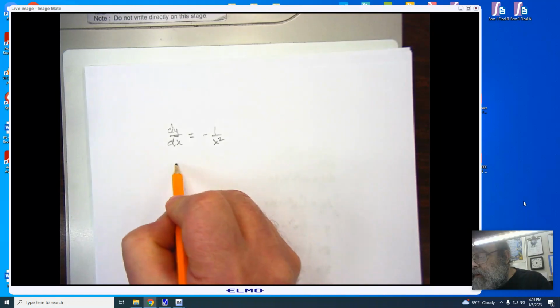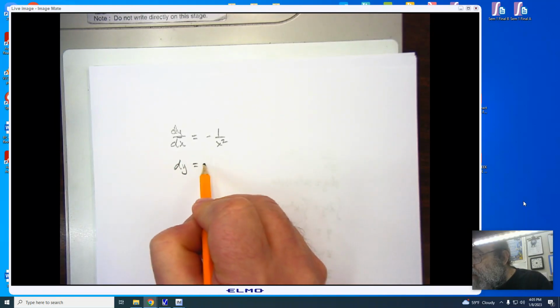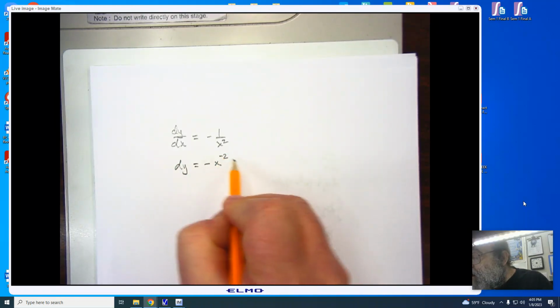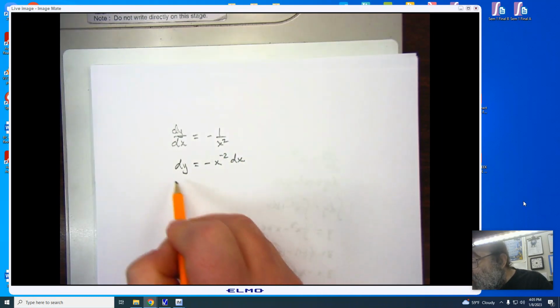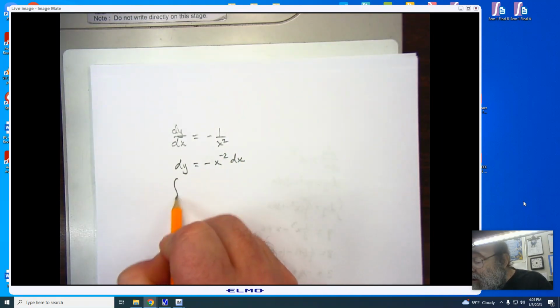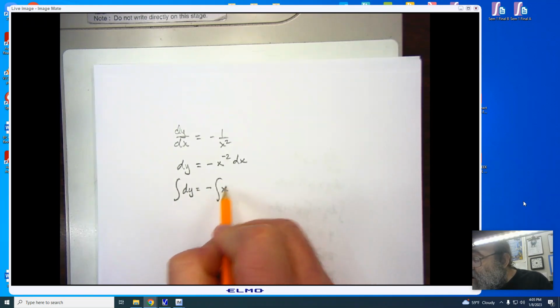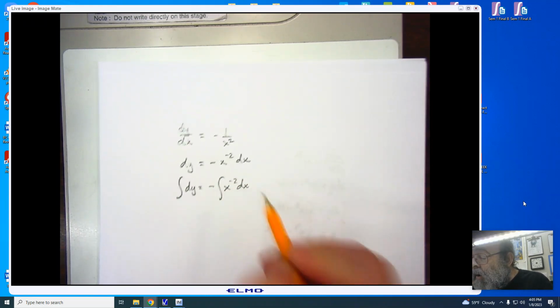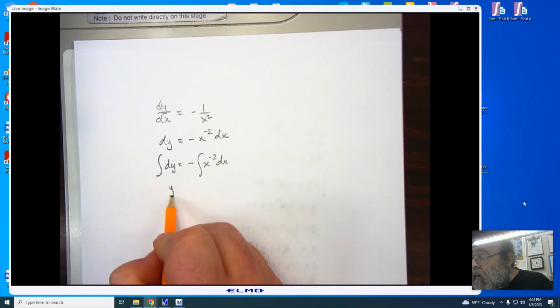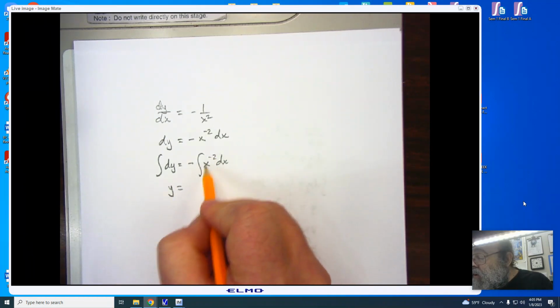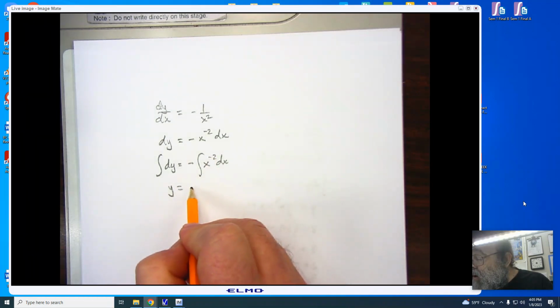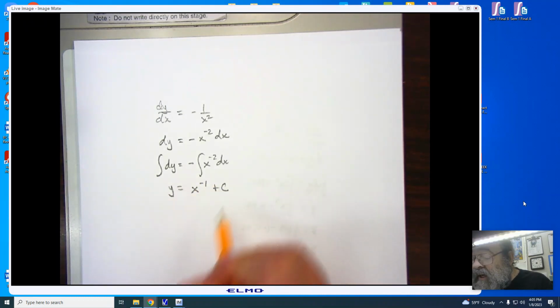Now most people screw up with this because they want to jump directly to the integration. You are not allowed. I repeat, you're not allowed. Take it in multiple steps, please, and make your life easier. Now I can go ahead and integrate. Y equals, and this is going to end up giving me a negative 1, and therefore x to the minus 1 power plus c.